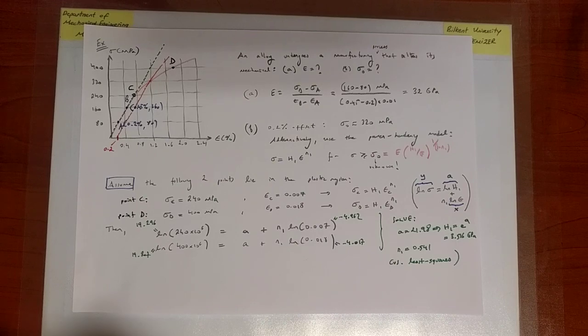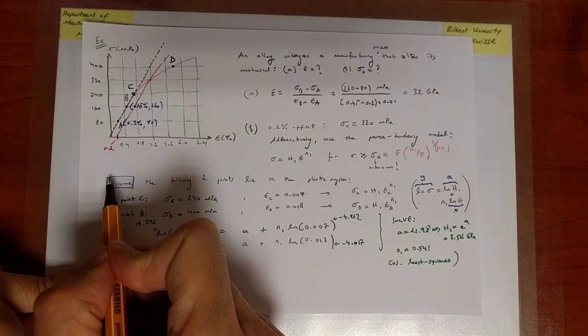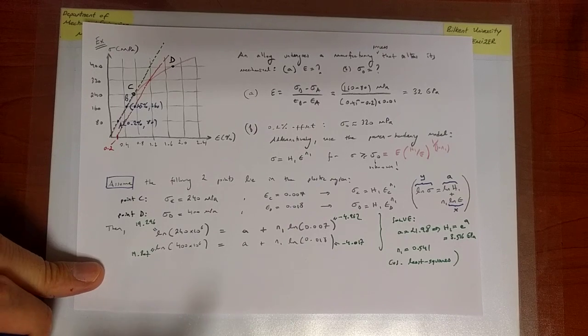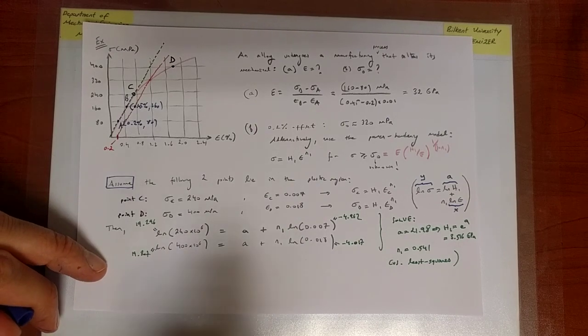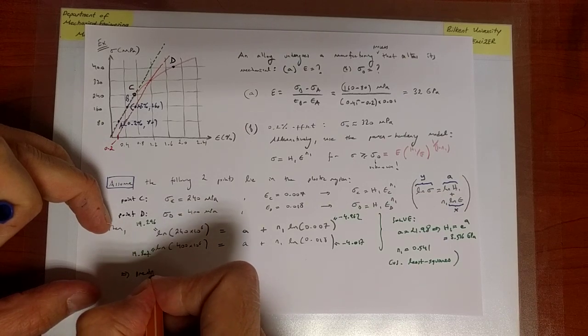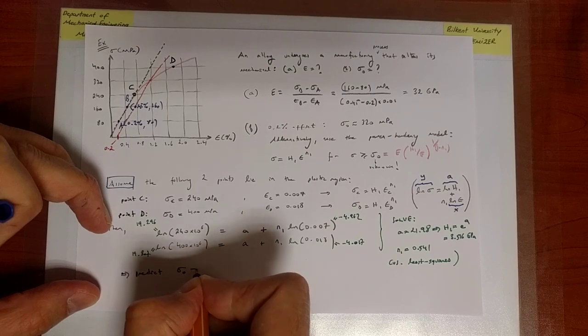But am I done? The point is I'm not done because I have made an assumption. And whenever you make an assumption, you need to go and check whether your assumption was correct or not. So to make that check, first we go ahead and predict sigma naught.